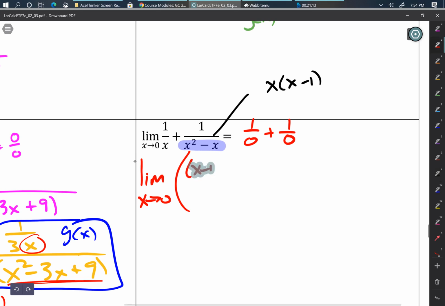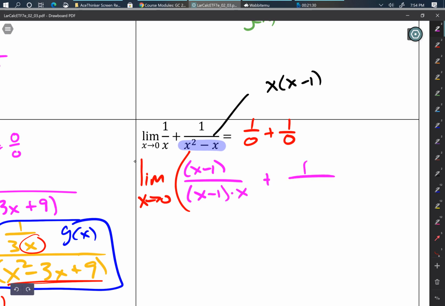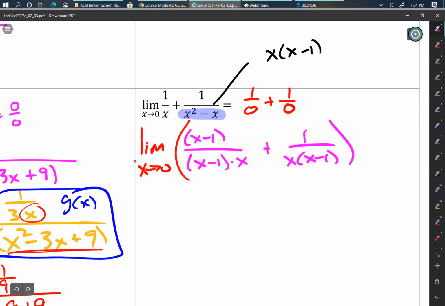Oh, wait, I don't want red. I want pink. And then my second fraction doesn't need anything. And now since these are common denominators, we can combine them.